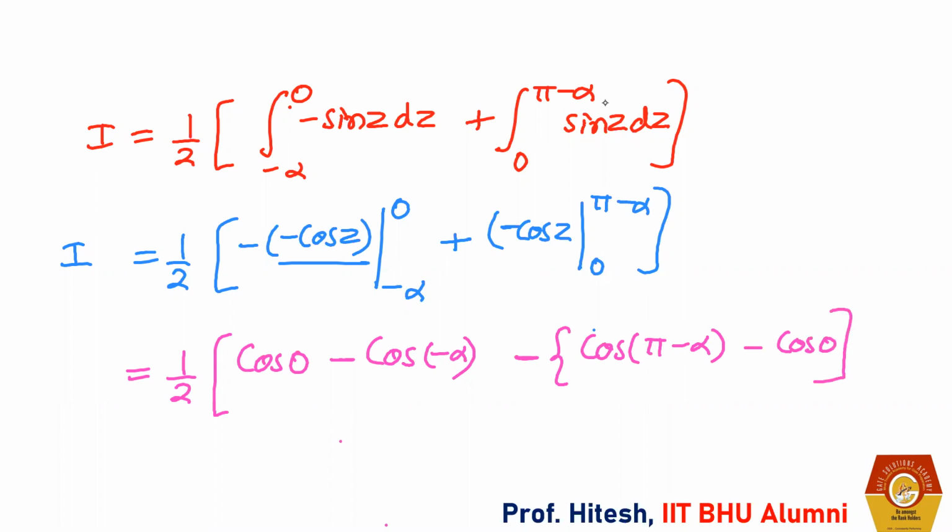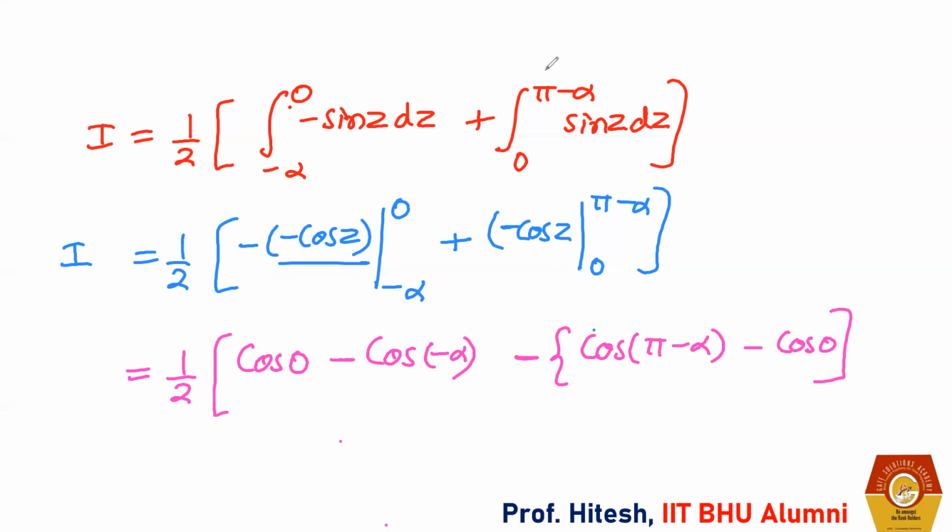So when you solve this, cos 0 is 1, cos minus alpha is cos alpha only, and cos pi minus alpha.